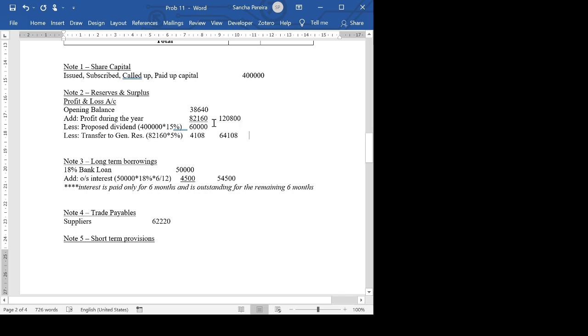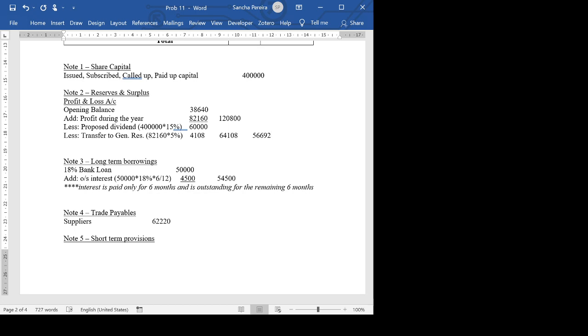This was the total profit over last year's as well as this year's. From this, we are making a provision for dividend, as well as transferring 5% of the profit to general reserve. So the total amount to be appropriated is 64,108. This difference comes to, the final profit that we are left with is 56,692.